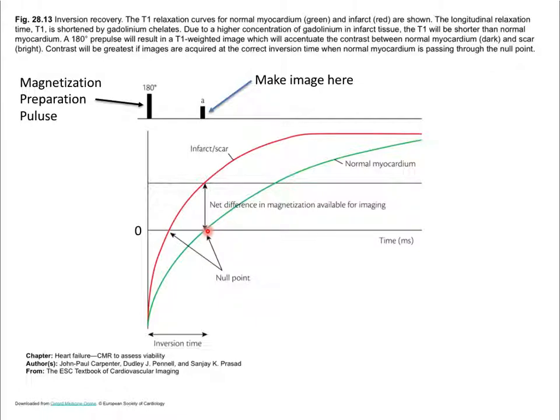Oftentimes when people make these late gadolinium enhancement images where you have bright infarcts, they will seek out the null point by doing a couple of test scans at different delays. They'll do a 180-degree pulse, set a delay here, this is called a TI value, and see what the contrast of the myocardium looks like. If the TI value is here, contrast will not be 0. If it's here, it won't be 0 either. So they hunt for that 0. And that's, I think, an unfortunate historical accident, but anyway, that's oftentimes how this is done.